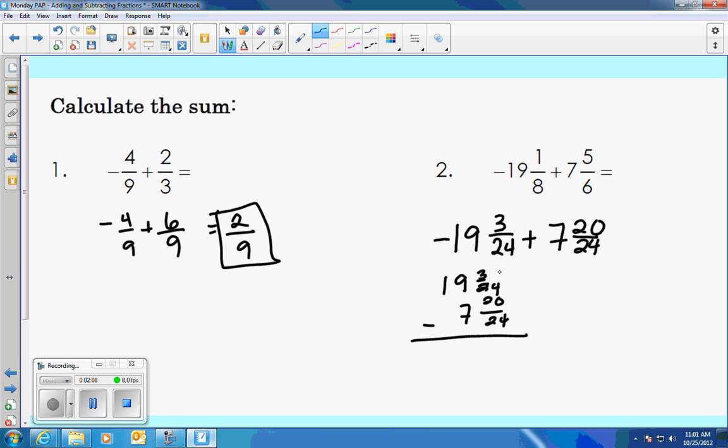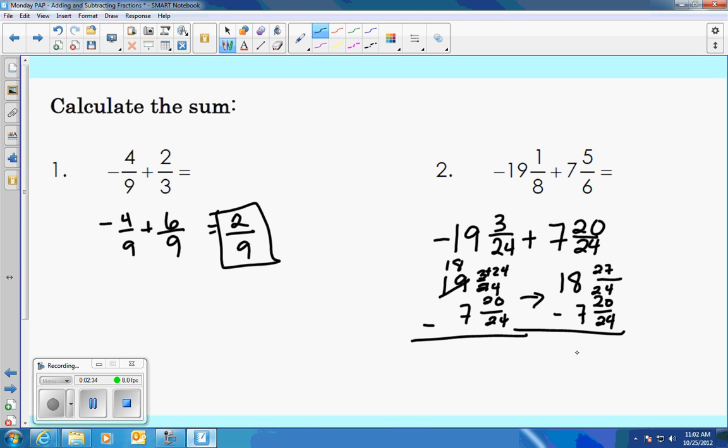So in this case, I can't do 3 minus 20, so I'm going to have to borrow from my whole number and make this 18. When I cut it up, that means I get 24 additional pieces or parts to add to my 3. So this problem becomes 18, 27 over 24 minus 7 and 20 over 24.